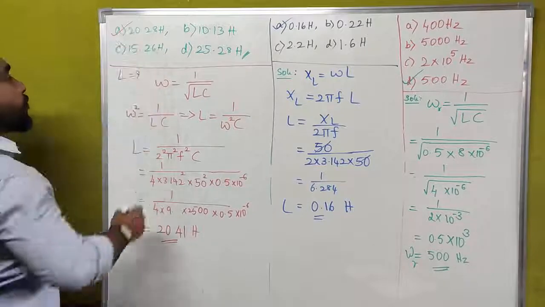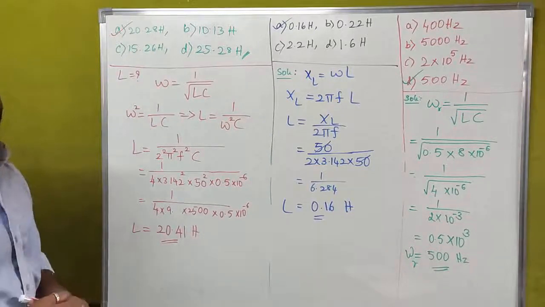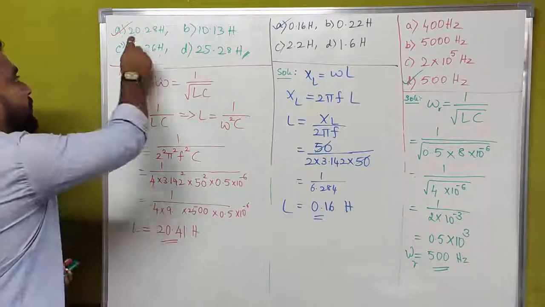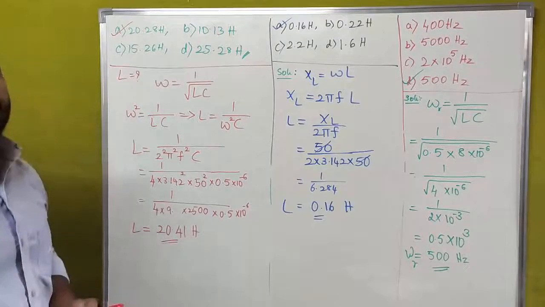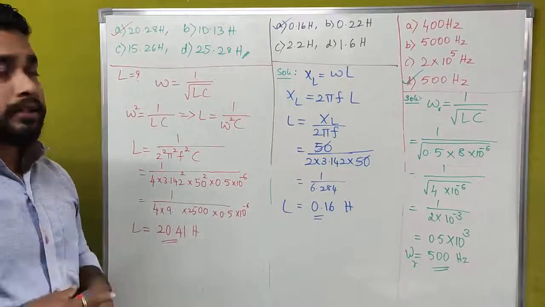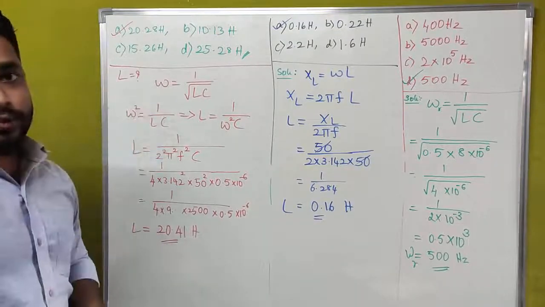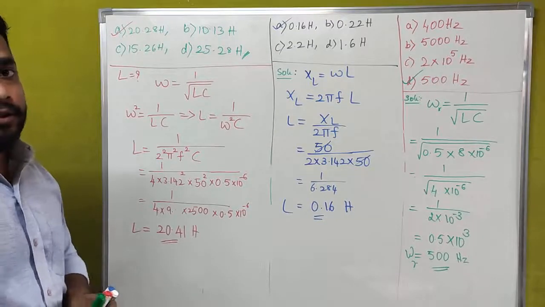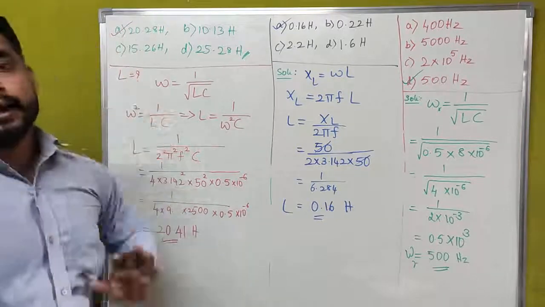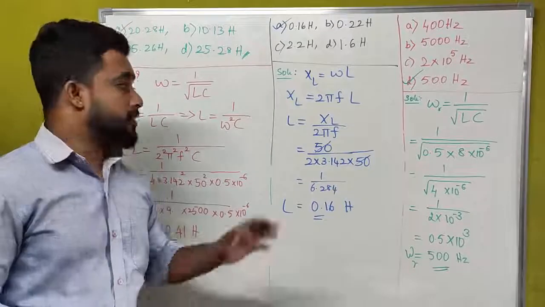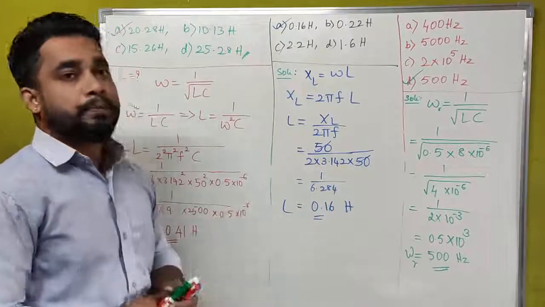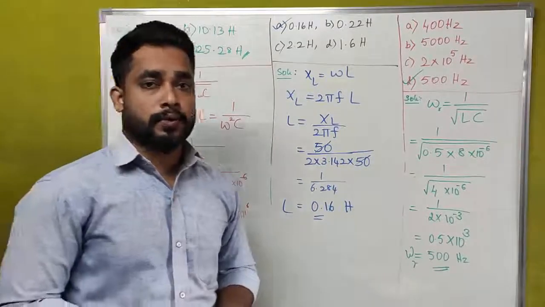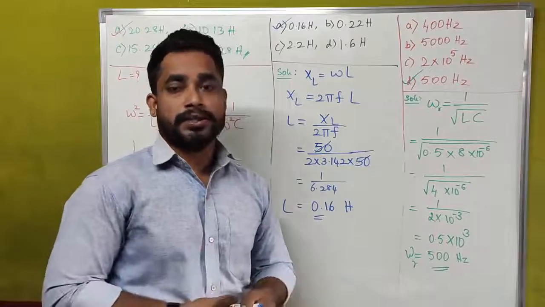It is very close to 20.41 Henry. So we can consider 20.28 as our answer for this question. This is how we are going to simplify multiple choice questions in our CET examination.